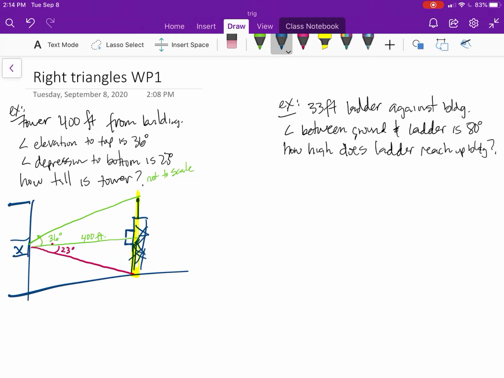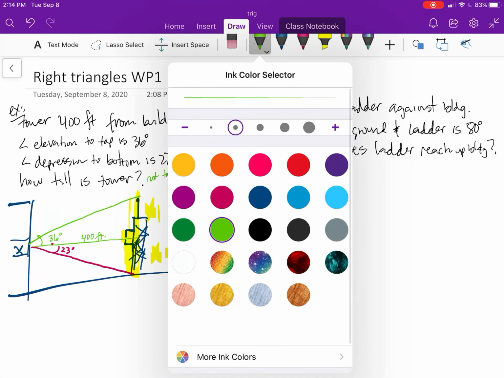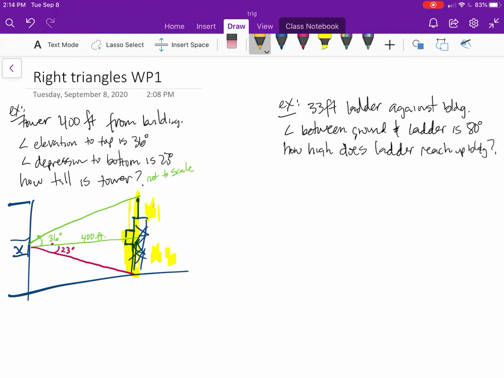Now I can set up two trig functions and break it down piece by piece by finding this top part, call that x1, and then this bottom part, x2. I should have not been lazy here. There we go. Call that x1 from here to here, and then this x2 from here to here. There we go. That's more legible.